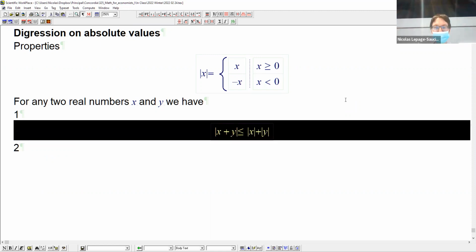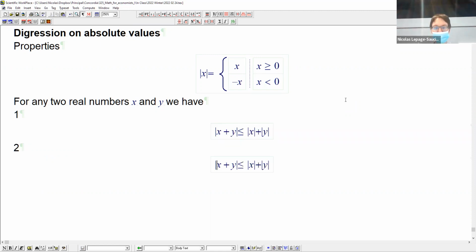Multiplication. So x times y. Good to torture your brain a bit just before the break. Yeah, it's exactly the same.